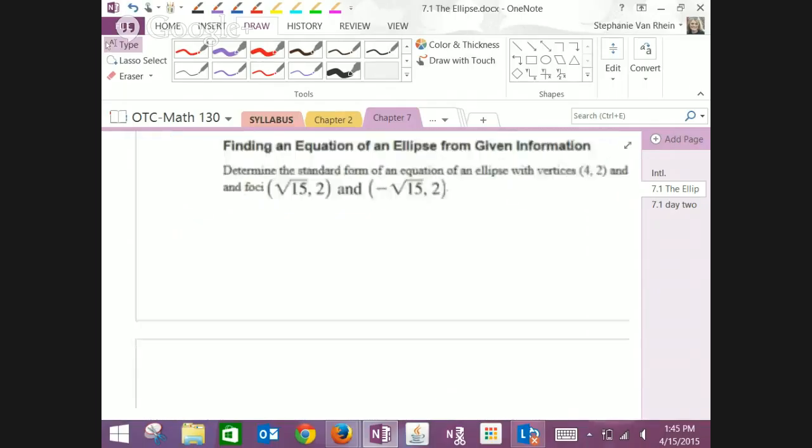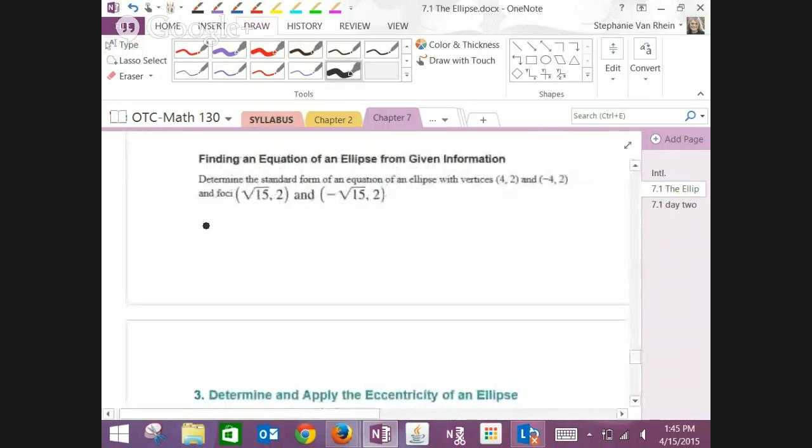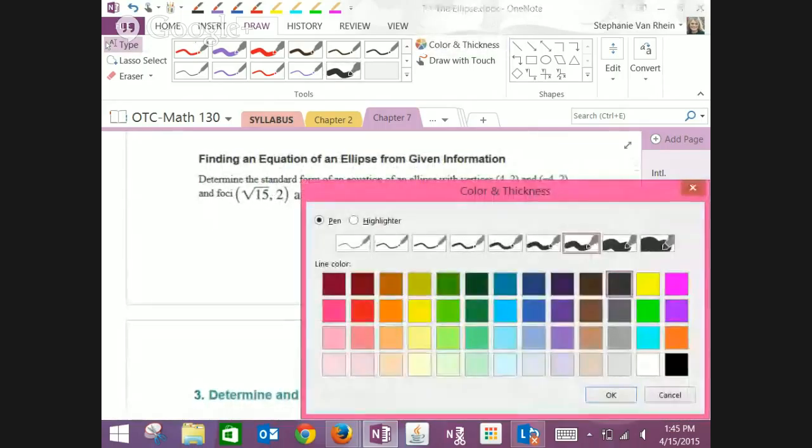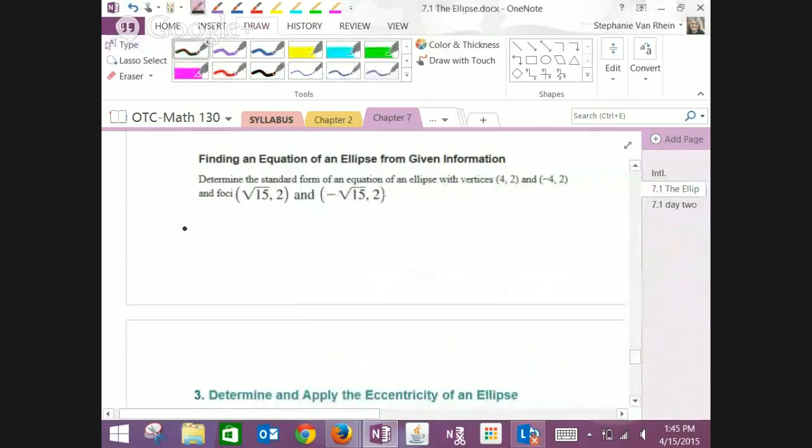So recall the general form is x minus h squared over a squared plus y minus k squared over b squared equals 1, depending on if a and b are the major and minor axis.